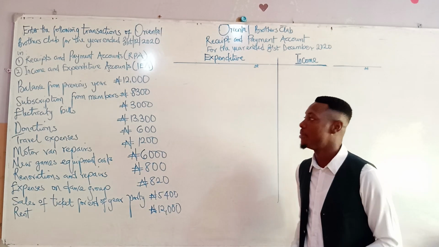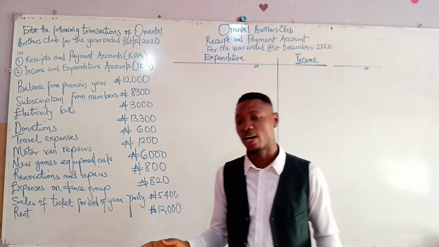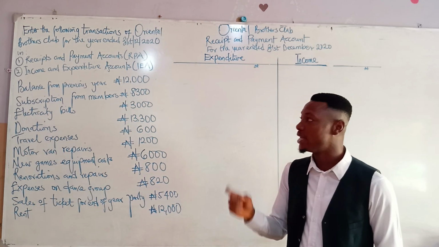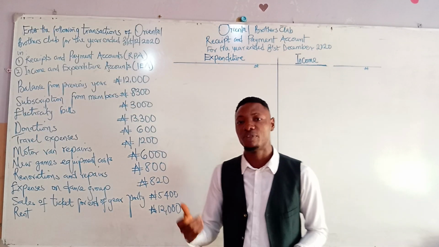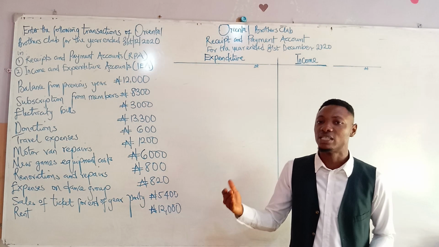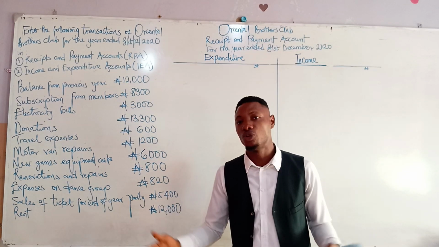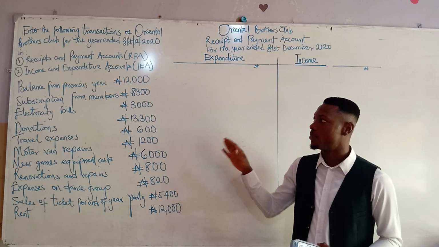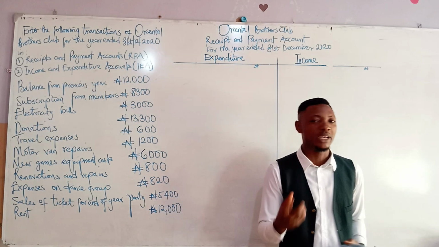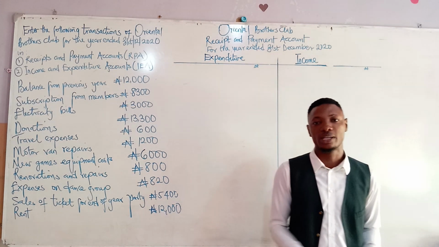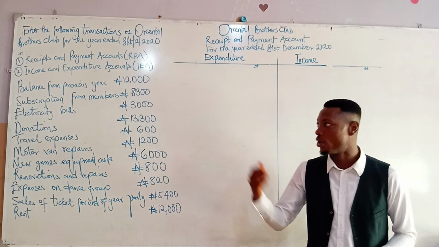Then the receipt and payment account takes charge of every expense incurred by the organization within an accounting year or financial time frame, and also takes charge of every receipt or income revenue generated by that organization. But the income and expenditure account takes care of specific income and specific expenses incurred by the organization within a given period of time.